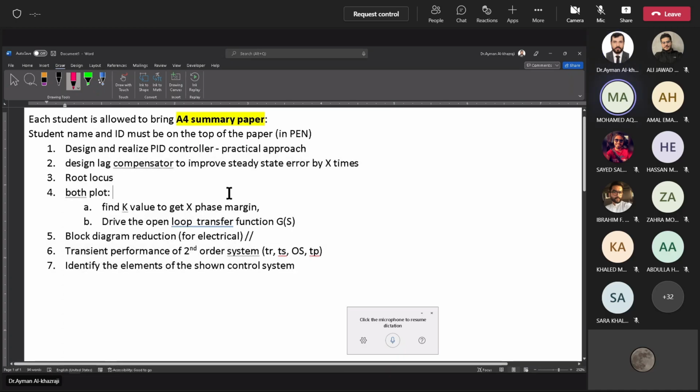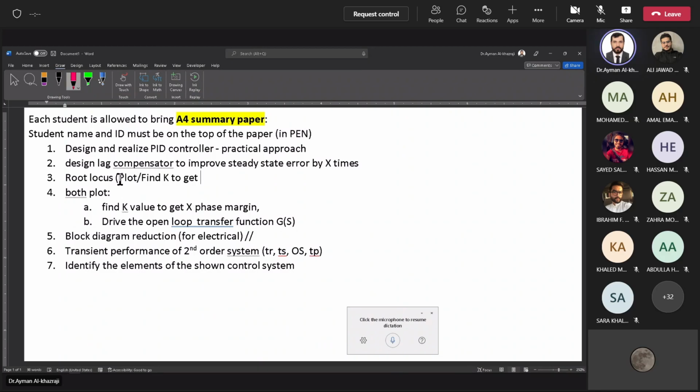Doctor, so right now the total questions in the final will be how many? Four, but I will put a branch. Yes, I will put some branches. Here in root locus, we said either plot, or not necessarily, or find K to get this root.